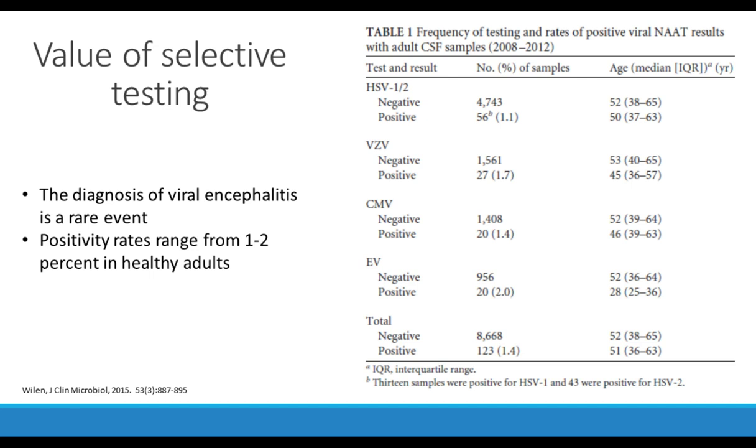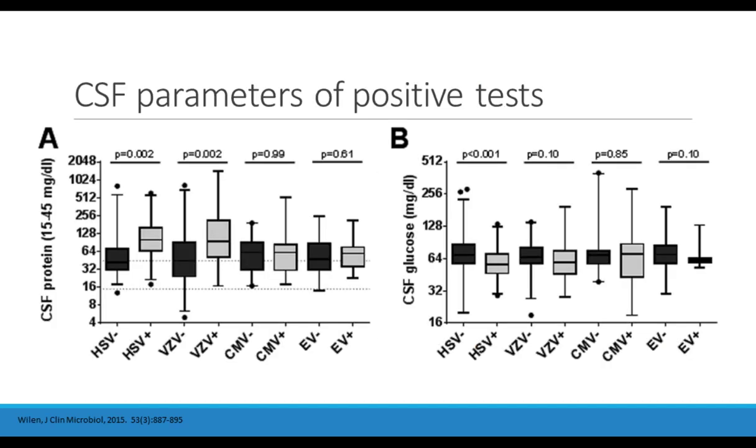This is the sort of thing that we see across the board: the diagnosis of viral encephalitis is a rare event. So they looked at what parameters may help predict the positivity of these patients, and you got a smattering of results.